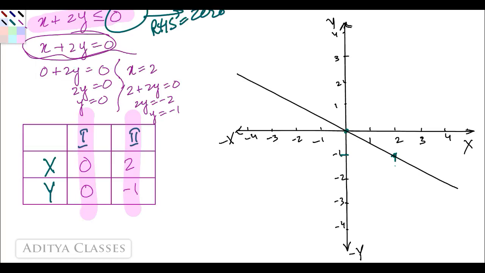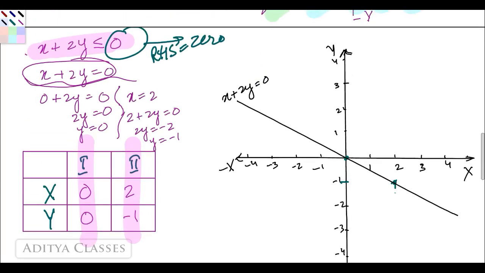Now, what is this? This is line. Remember, this is not area. Rather, it is line. What line? X plus 2y is equal to 0. This is the line. Now, I need less than area.